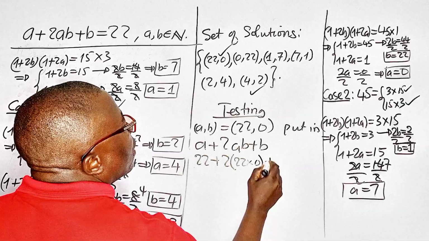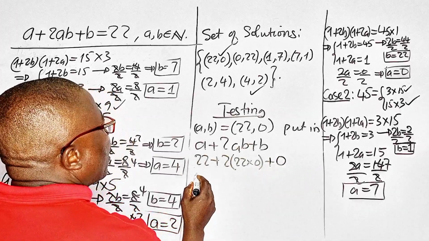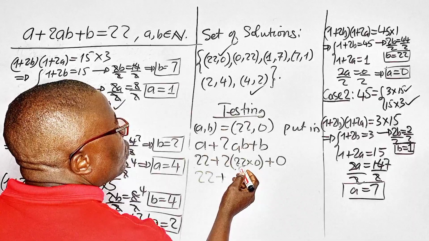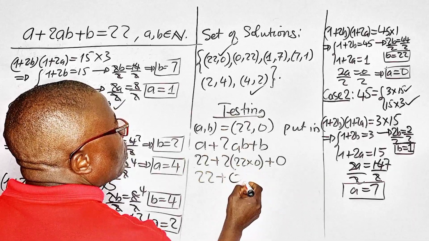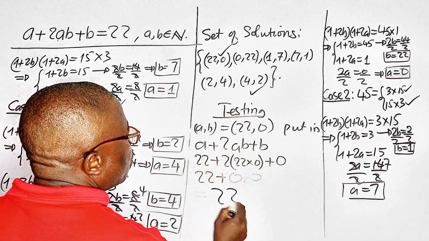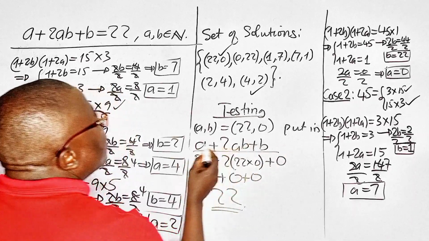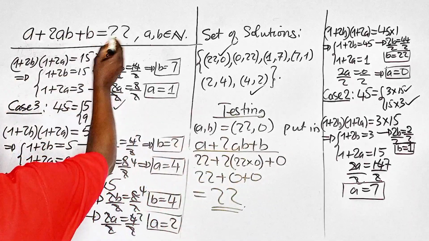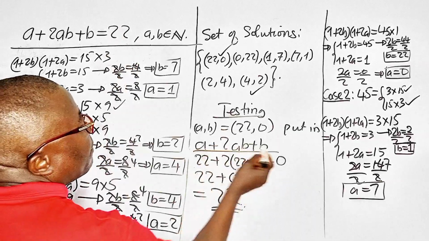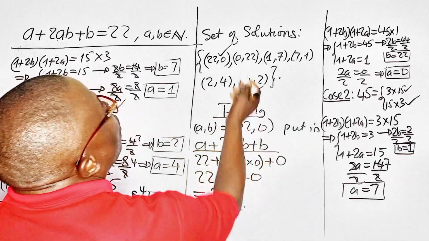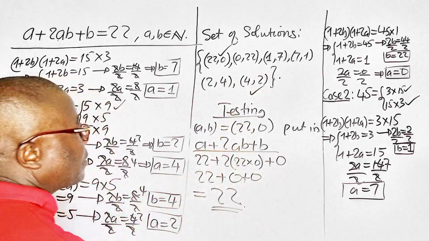B is 0 and then plus 0. So we'll have 22 plus 0, since 22 multiplied by 0 is 0, multiplied by 2 is 0, plus 0, that gives us 22. So we have shown that the left hand side gives the right hand side. So the solution 22, 0 or 0, 22 is correct.